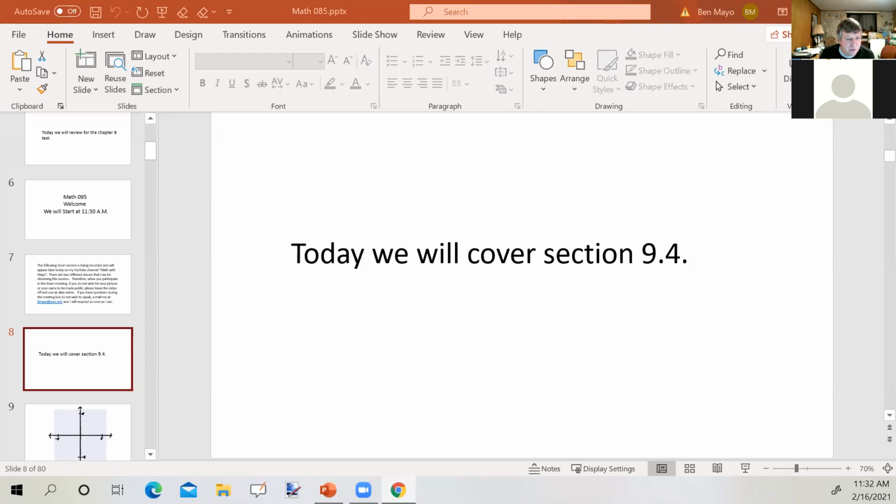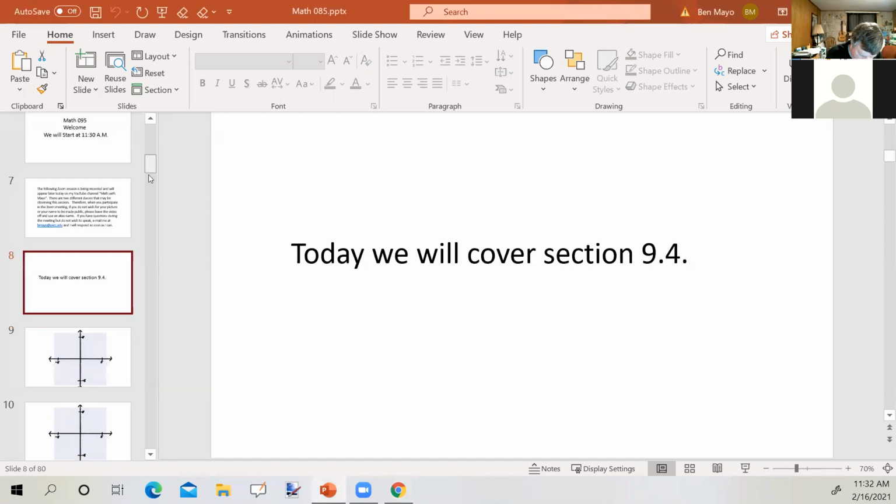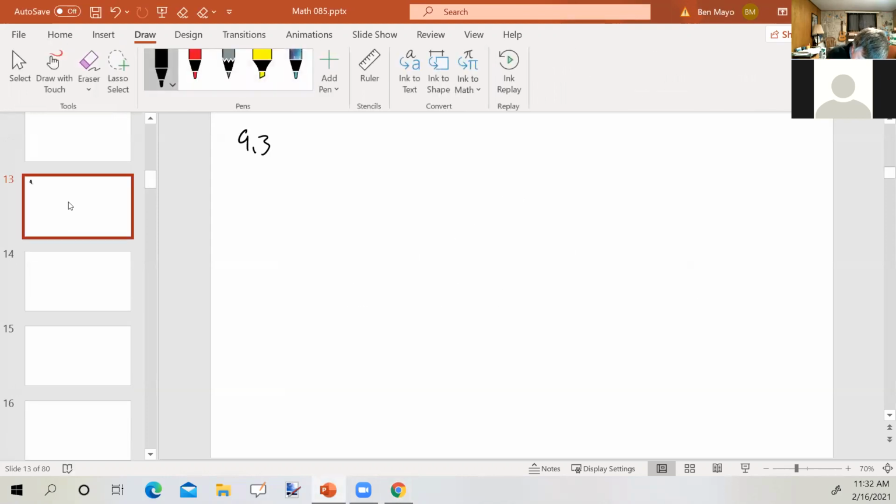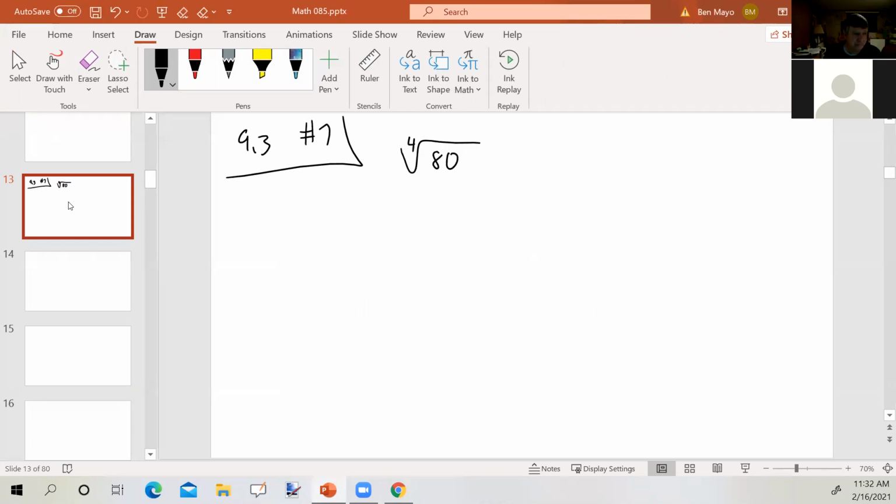So 9.3, number 7. It says simplify the expression, and we have the fourth root of 80.